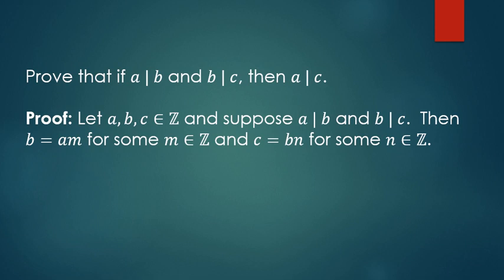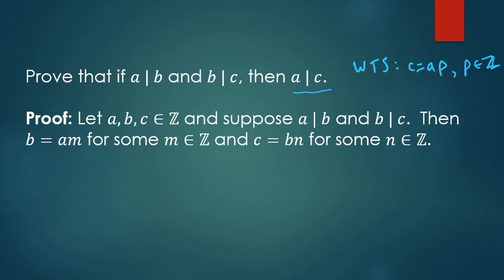We want to show in the end that A divides C. So what we want to show, or WTS, is that C is equal to A times some whole number, I'll call it P. So C is equal to A times P, where P is, again, some whole number. So that's something like what we want to get to at the end of this proof.